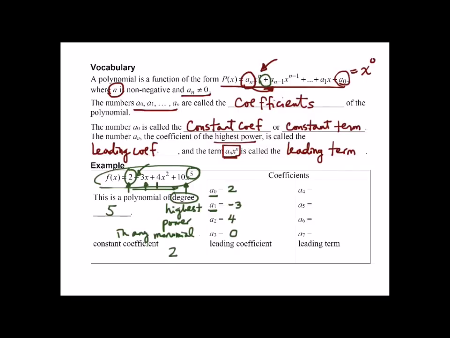For the same reason, a4 is also 0. a5 is the coefficient for the x to the 5th monomial, which is 10. There is no 6th degree or 7th degree monomial in this expression, therefore a6 and a7 are both equal to 0. The leading coefficient is the coefficient attached to the highest degree, or the degree of the polynomial, which is 10. The leading term then would be 10x to the 5th.